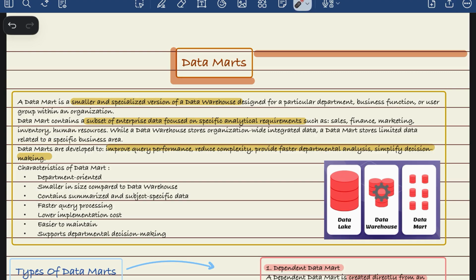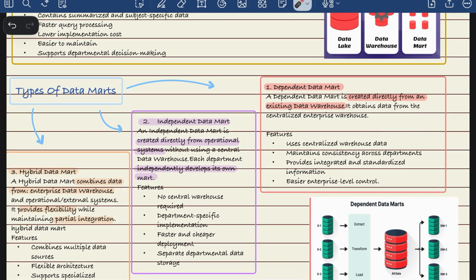Like we can have different data marts for sales, finance, marketing, and related areas in a specific company. So there can be a warehouse, and then there can be specific department marts, right?